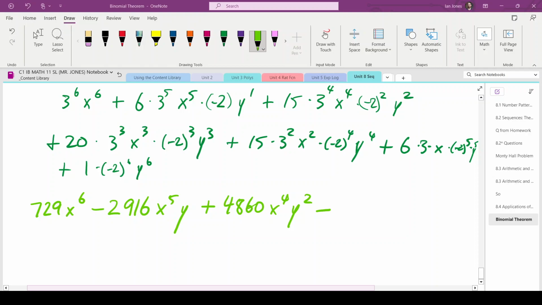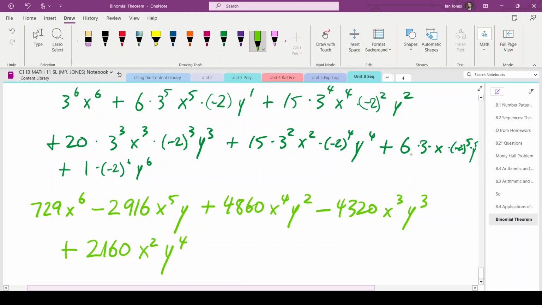So 4,320 x cubed y cubed plus 15 times 9 times 16 is what that is. 15 times 9 times 16, 2,160. And that is x squared y to the 4th.